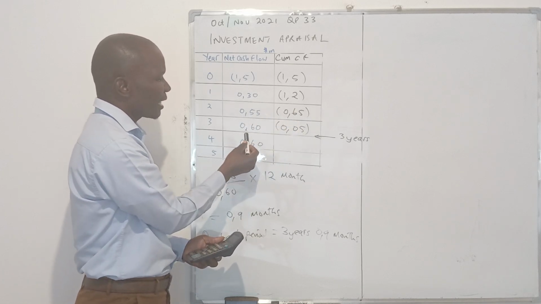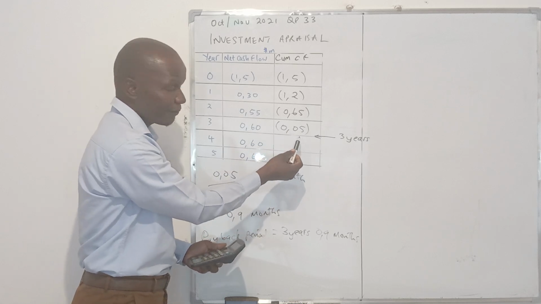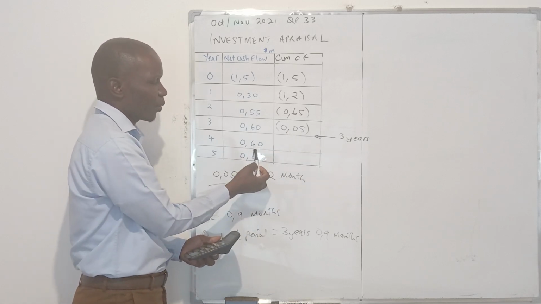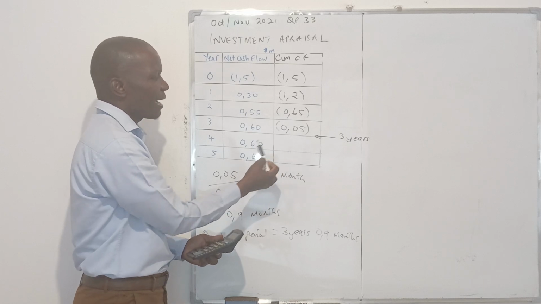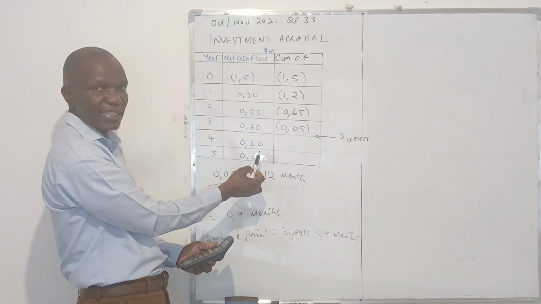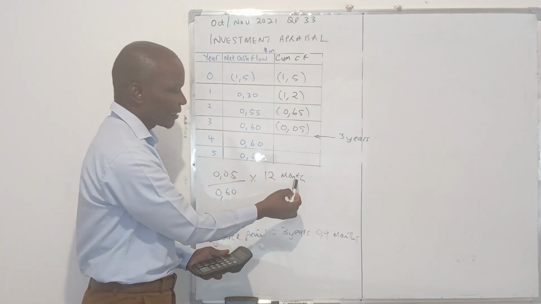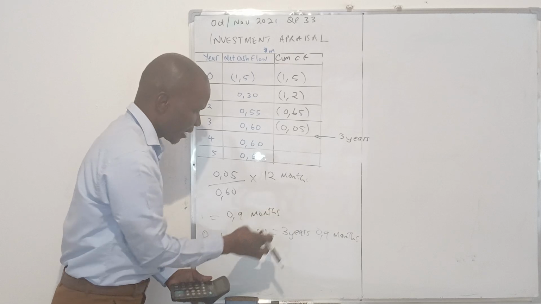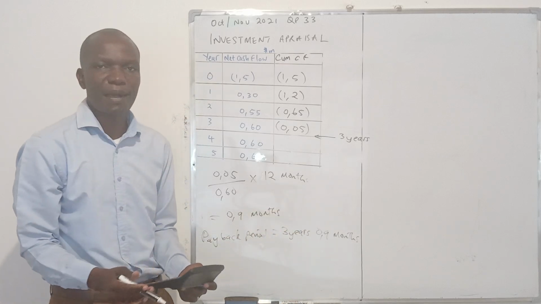We have 0.6 coming, which means we're left with 0.05. Then we know that it's now 3 years because we're having a higher cash flow coming in. So we calculate the months by saying the 0.05 we want over the next net cash flow times 12 months. So it gives us 3 years and 0.9 months.